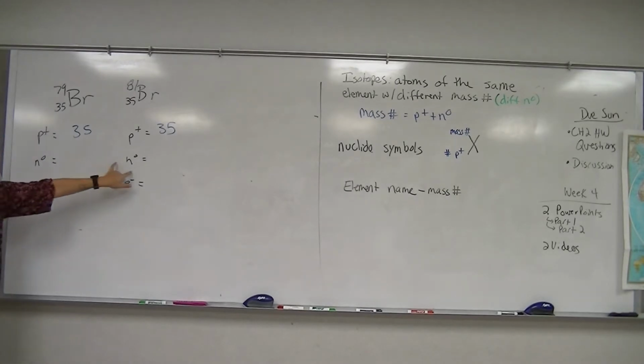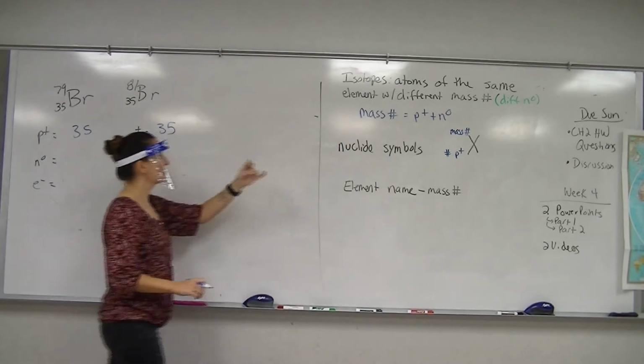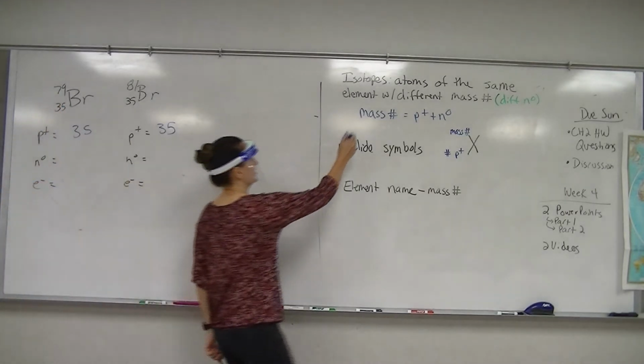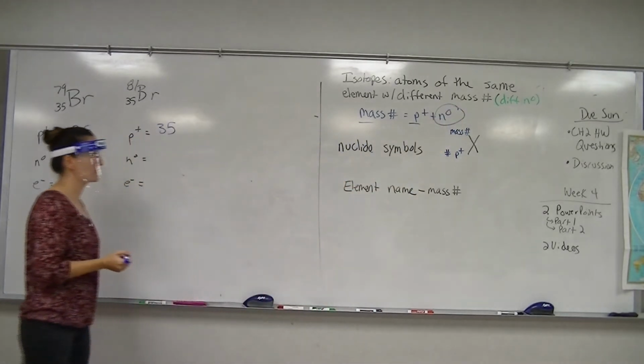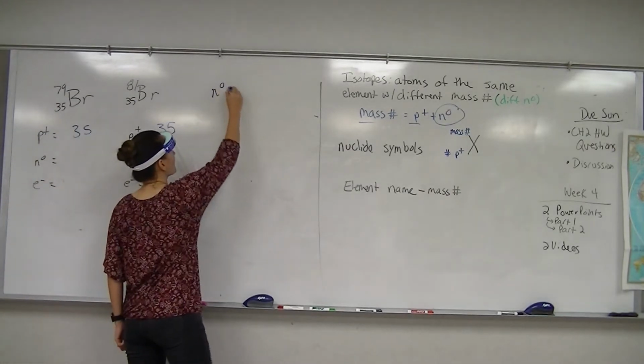Now the neutrons. To figure out the neutrons, we're using this equation. Because this number, 81, and this number, 79, those are the mass numbers. So we know the mass number, and we know the protons. We're trying to figure out the neutrons. So what do we have to do? Subtract.